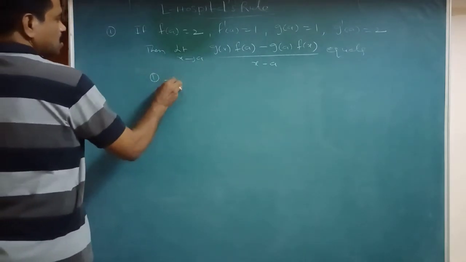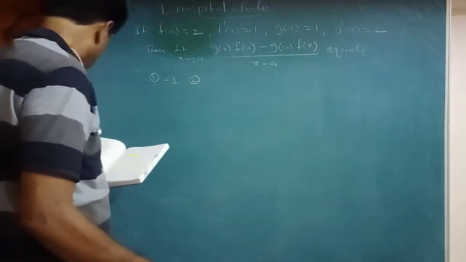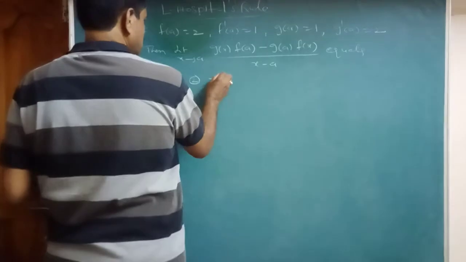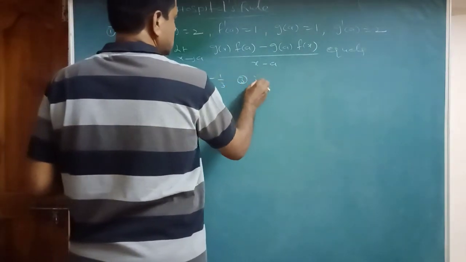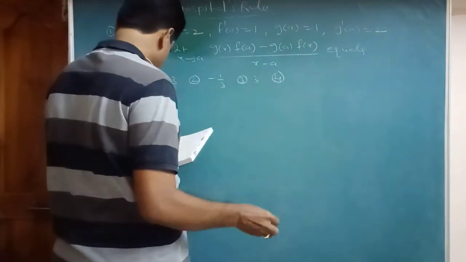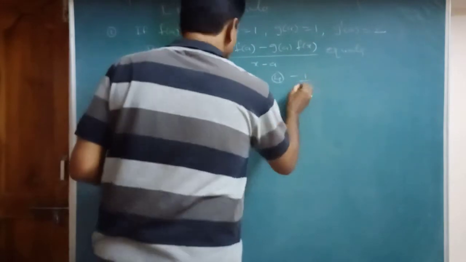So first option minus 3, second option minus 1 by 3, third one is 3, and fourth one is minus 1 by 3.